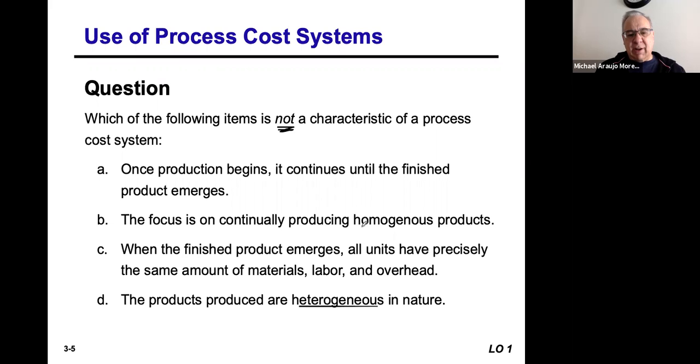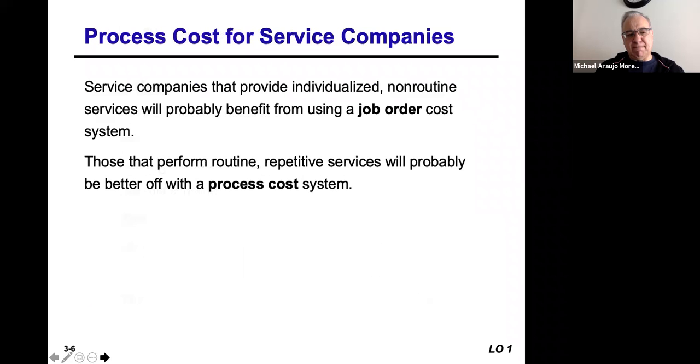So here's the two basic things, right? These are products that are the same type of product versus very different types of products. And so process costing works for all of them except if the products are different, right? And so D would be the proper answer here.